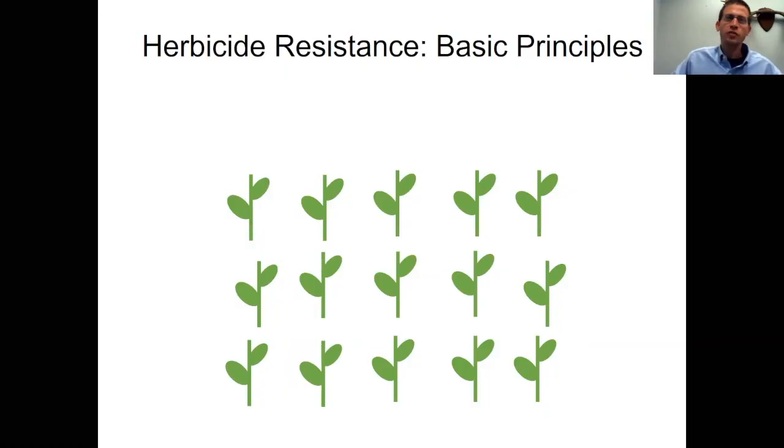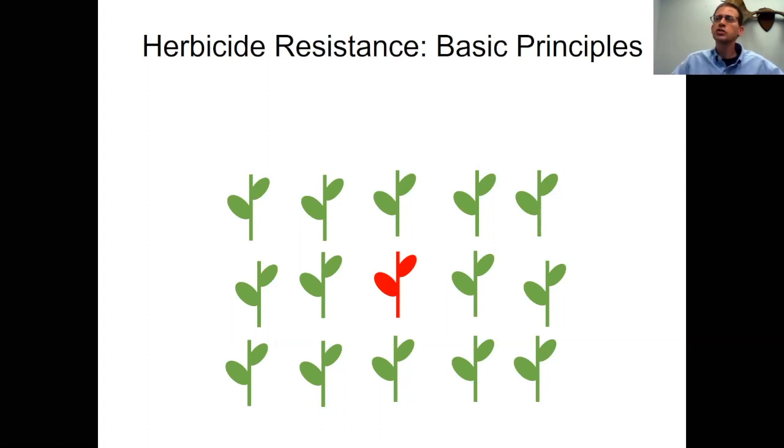We can define resistance as a change in the sensitivity of a plant population to a particular herbicide. Herbicide resistance is the result of naturally occurring processes. Before a herbicide like glyphosate is even sprayed, there may be one individual that is a herbicide resistant biotype.